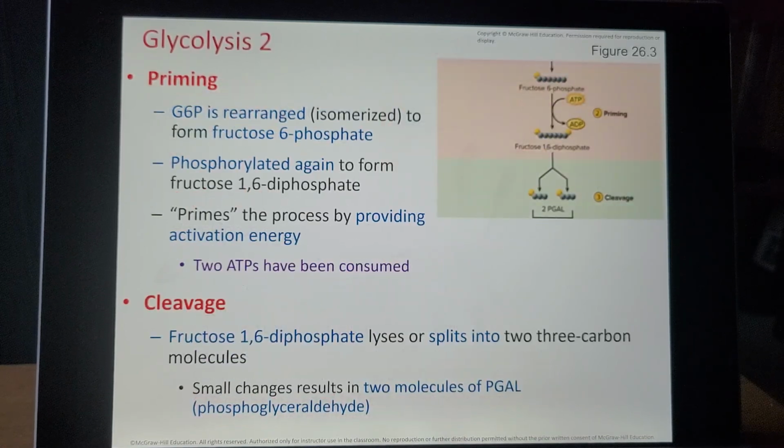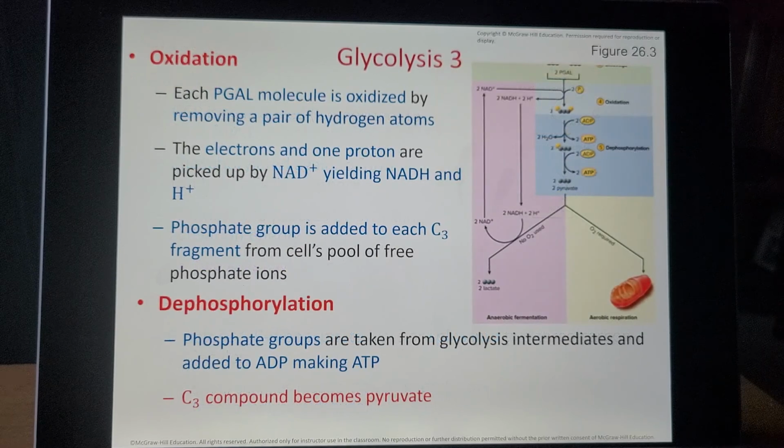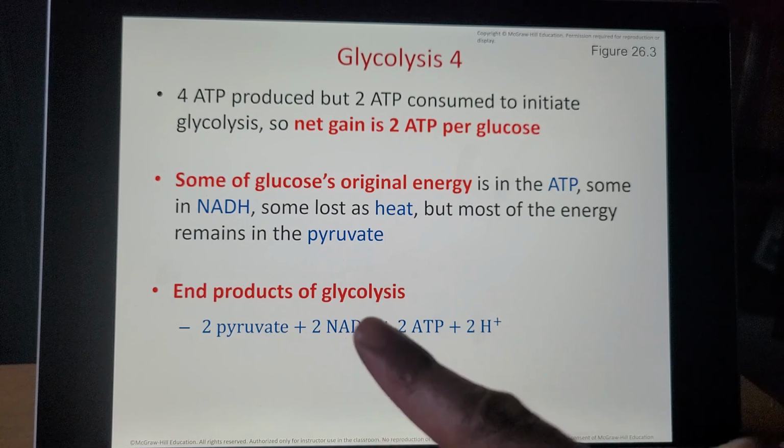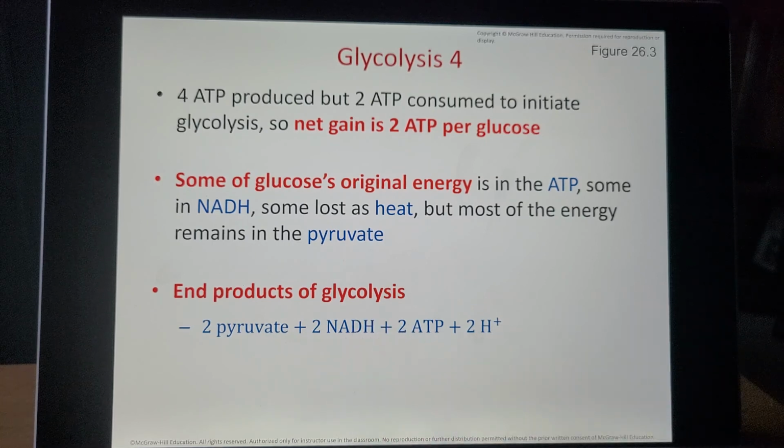Okay, so again, there are more steps that I'm going to skip. Eventually, your 6-carbon glucose molecule becomes pyruvate. During this process, 2 net ATP molecules are created. Some are still attached to our coenzyme, in this case NAD+, which now has hydrogen attached to it.